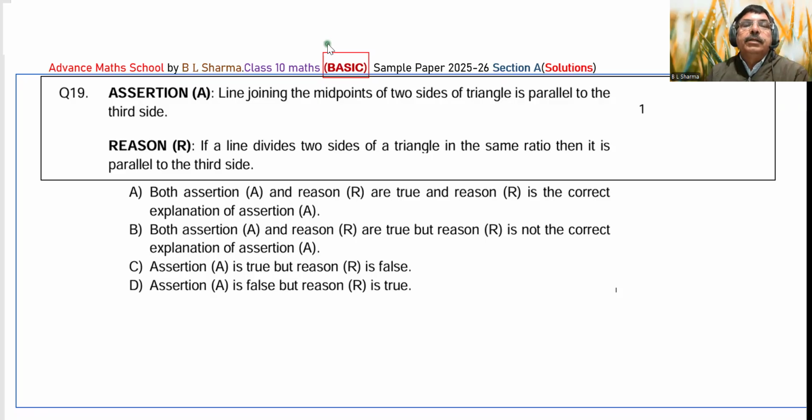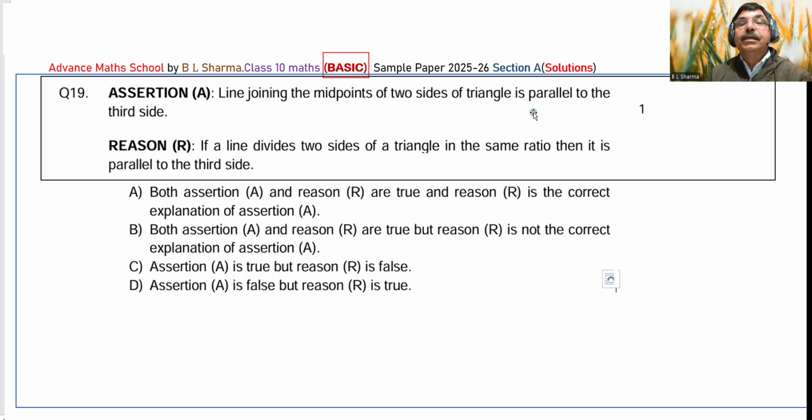I am taking questions number 19 and 20 from the basic paper also. The assertion is: the line joining the midpoints of two sides of a triangle is parallel to the third side. And the reason: if a line divides two sides of a triangle in the same ratio, then it is parallel to the third side. Which is the correct option? A line joining the midpoints of any two sides of a triangle is parallel to the third side.